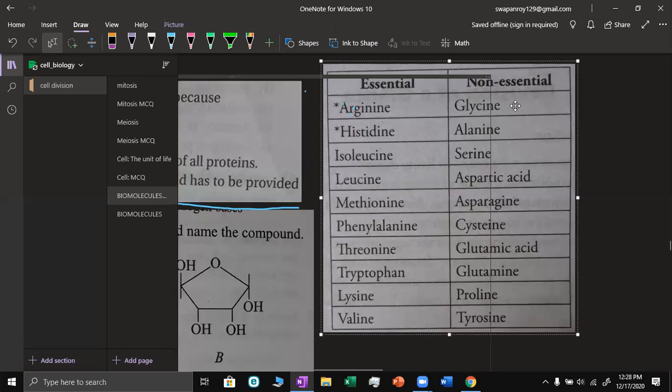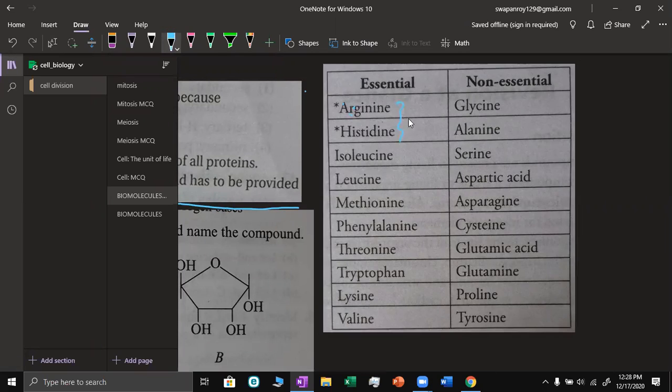And these are non-essential, but here non-essential does not mean that it is not required for our body. These are also very, very important amino acids for us, but our body can synthesize these things, and this our body cannot synthesize.